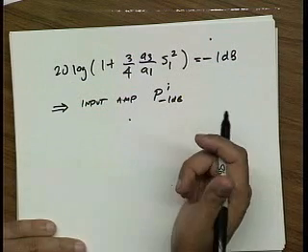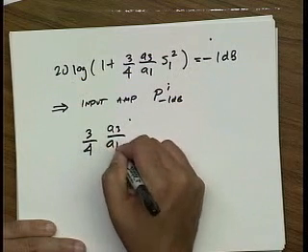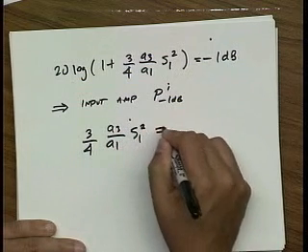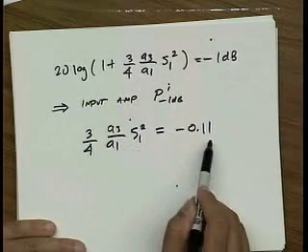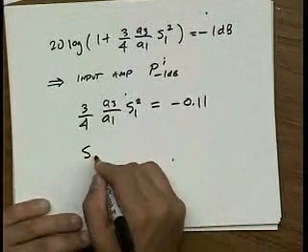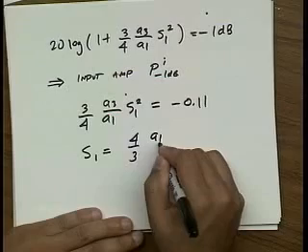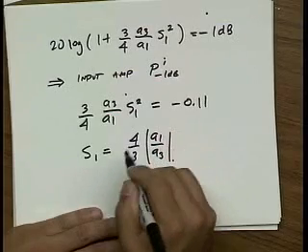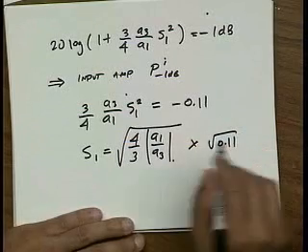Okay, so let me solve that. That's really easy. If you have a calculator handy, you can verify that I need this term here to be roughly 0.11, then this thing corresponds to minus 1 dB. And if I solve for that amplitude, I get square root of 4/3 A1 over A3 times square root of 0.11.